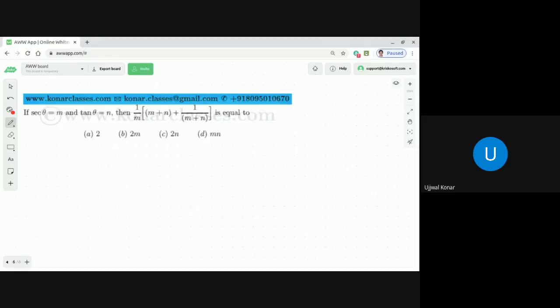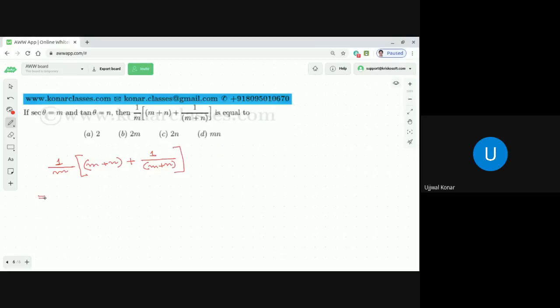So in this case, dear students, the only way to proceed is to just apply that value. So the expression here is 1 by m into m plus n plus 1 by m plus n.